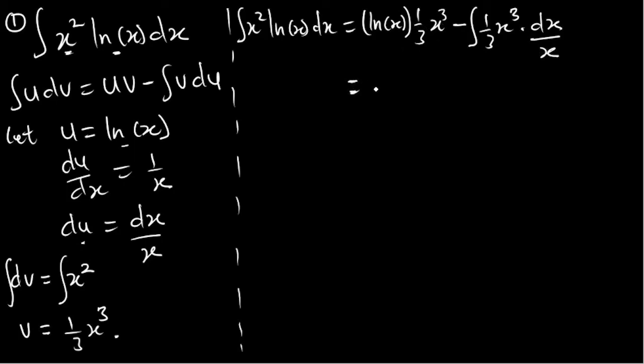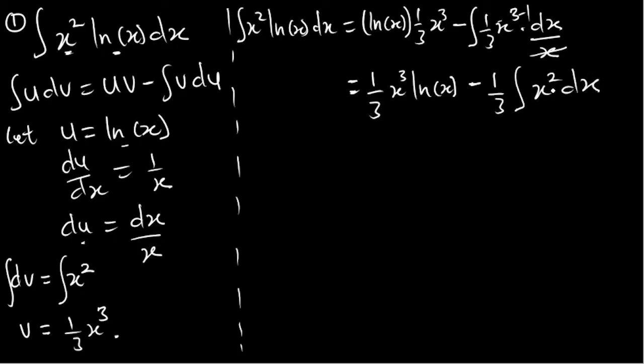Solving now, we'll have 1 over 3 x cube ln x minus the integral of 1 over 3 x square dx. We'll have 1 over 3 as the constant, then we cancel the x in the denominator with one x in the numerator.